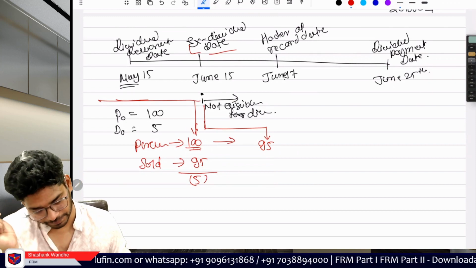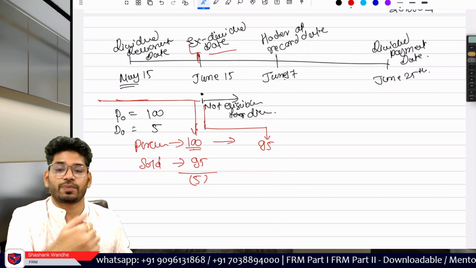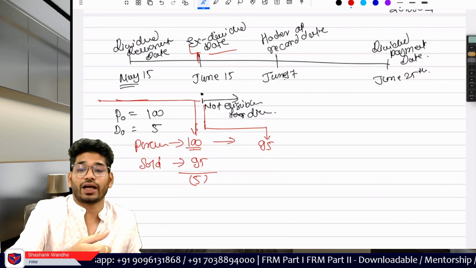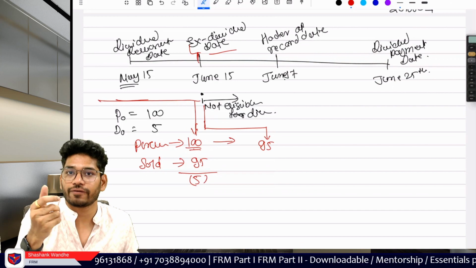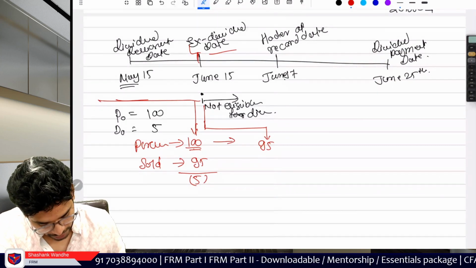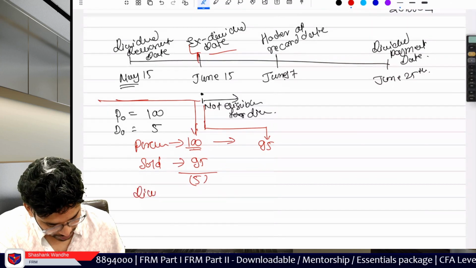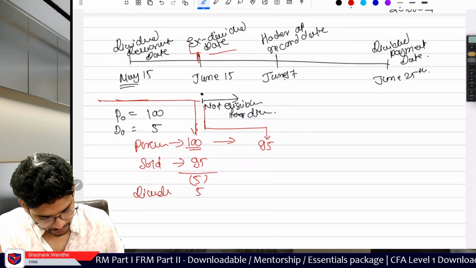But remember, this is the X dividend date, and you were holding the share one day before this date, so you are eligible to receive the dividend. You will receive the dividend, and the dividend compensates for this loss.